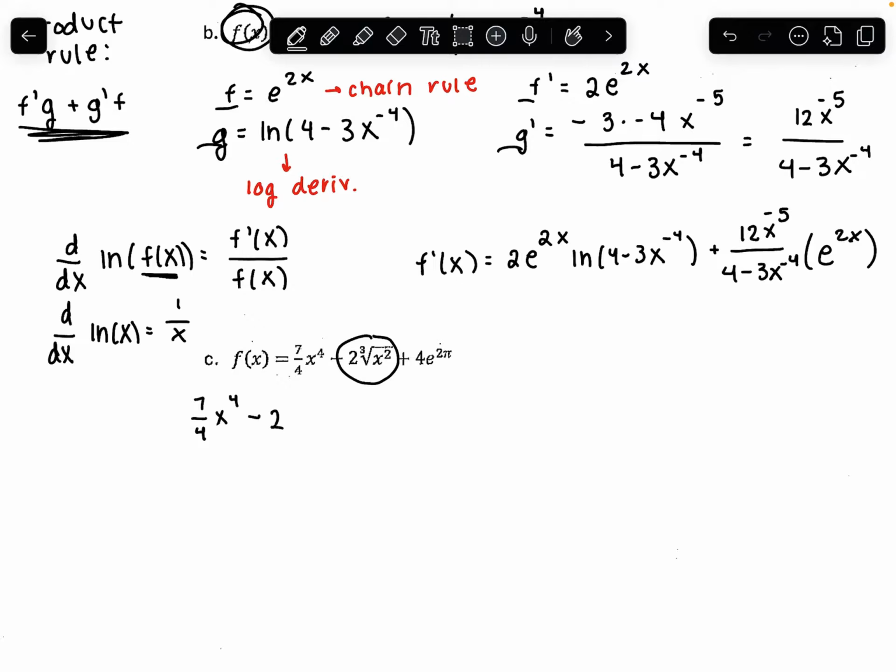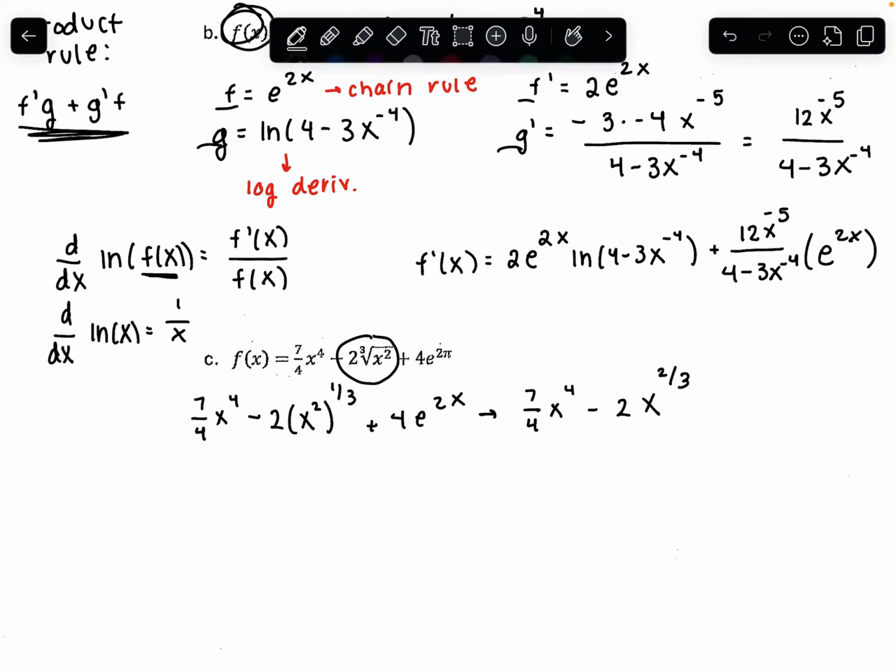If I'm cube root, that means I'm to the 1/3 power. If I'm squared and then I'm to the 1/3 power, then let's rewrite that. I'm going to be x to the 2/3. We multiply exponents when they're raised to each other.